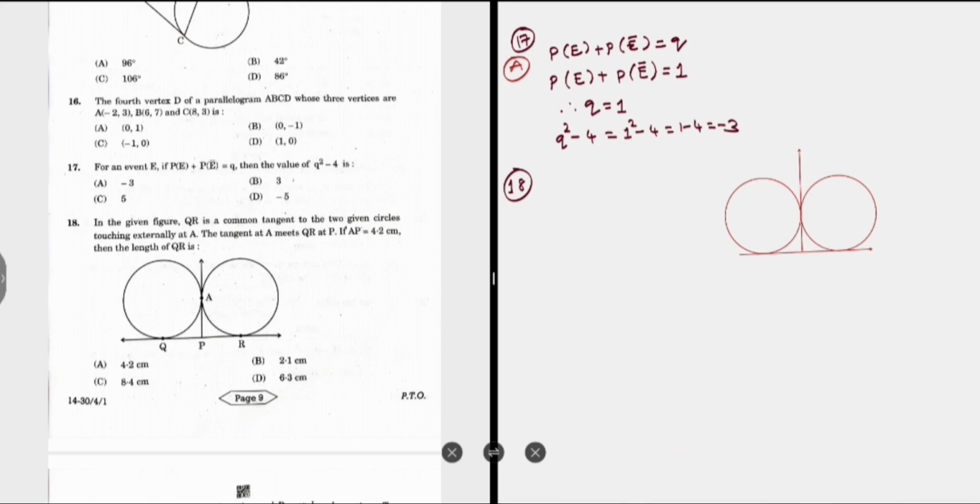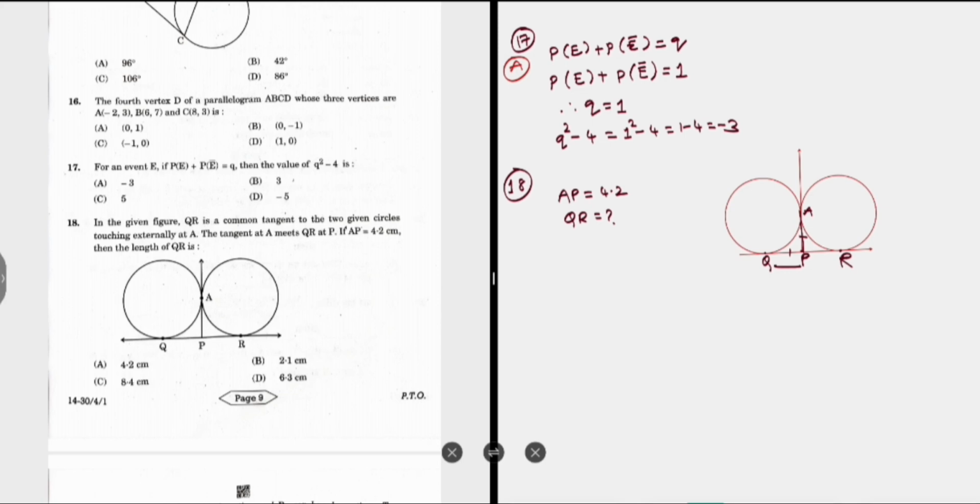So here in the question, this is A, this is Q, this is P, this is R. In the question it is given AP is equal to 4.2 and they are asking to find QR. So when AP is 4.2, we know AP is equal to PQ.